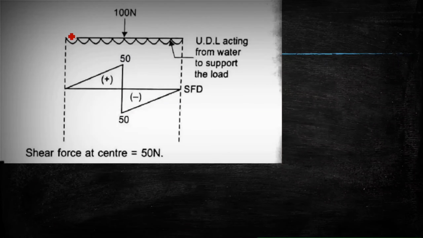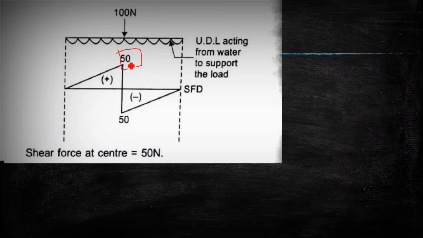So in case of a floating block of wood, the 100 Newton load is balanced by a UDL because water will exert a uniformly distributed load across the log of wood. So if the value of uniform distributed load is 100, then if we draw the shear force diagram, the maximum shear force will be 50, that is WL by 2 across both the ends.